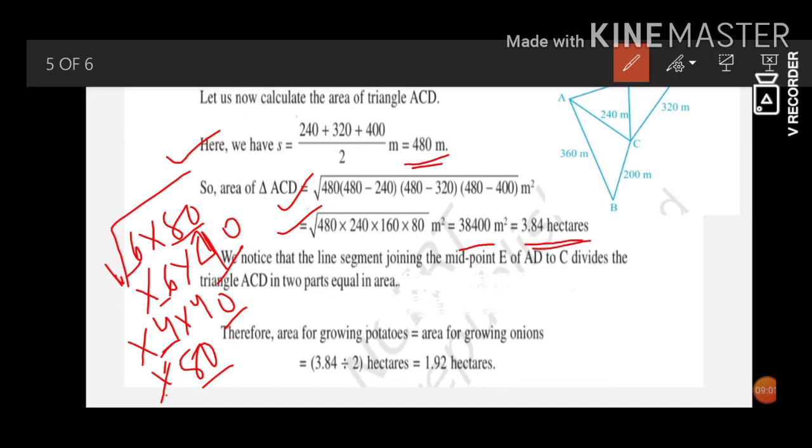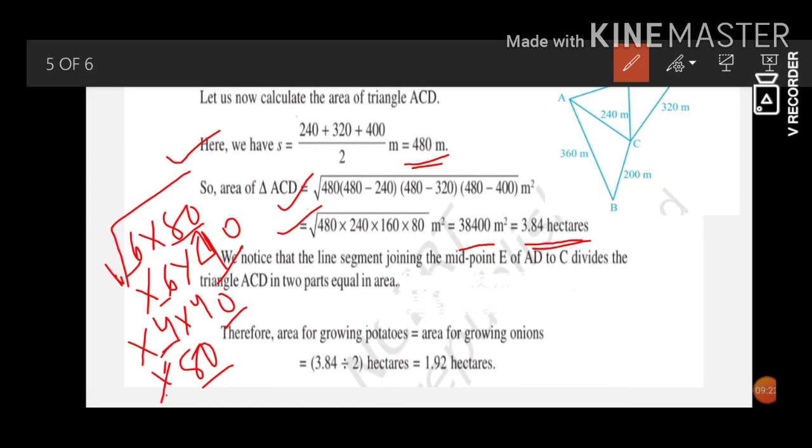Now we notice that the line segment joining the midpoint E of AD to C divides the triangle ACD into two equal parts, since in the question it says that a line drawn from the longest side to the opposite vertex divides the triangle ACD into two equal parts.